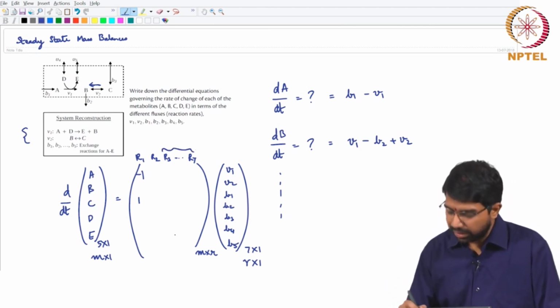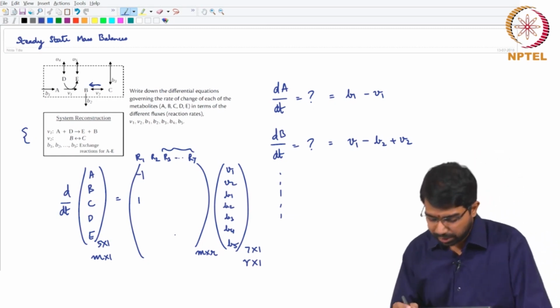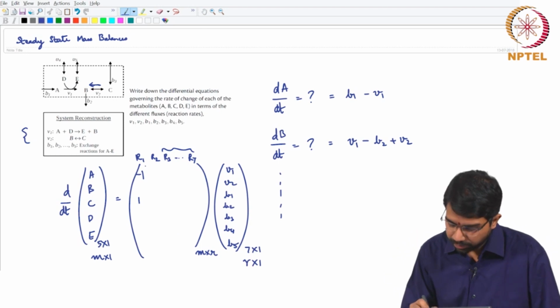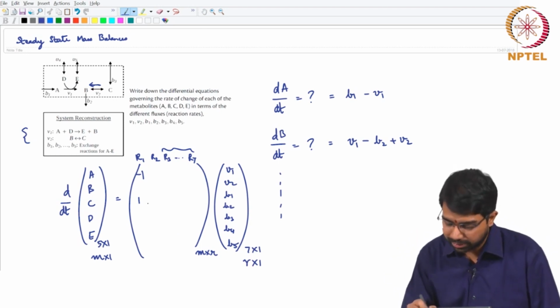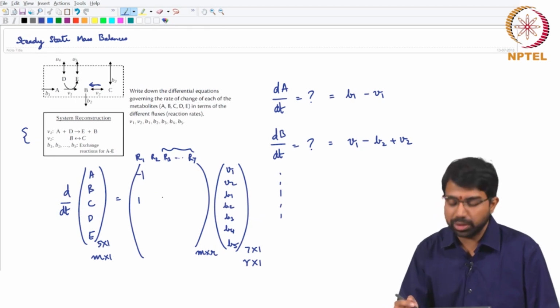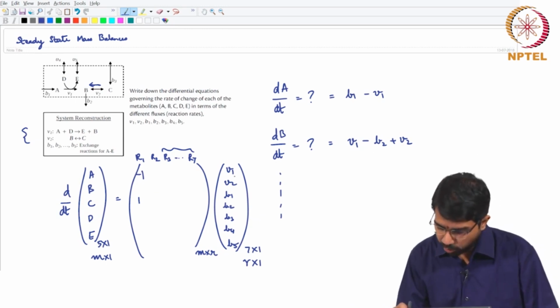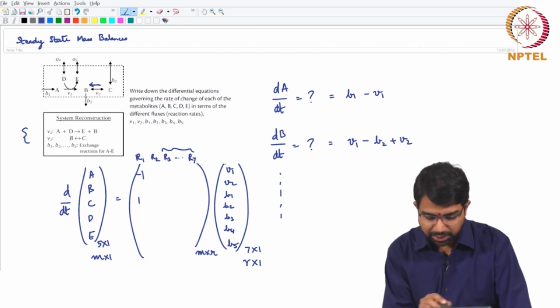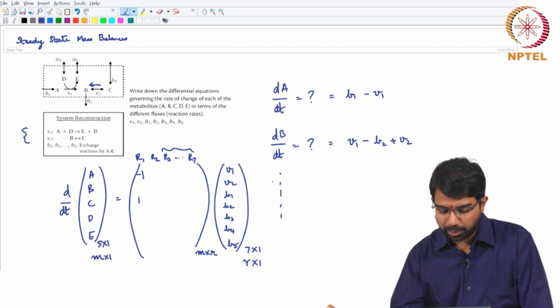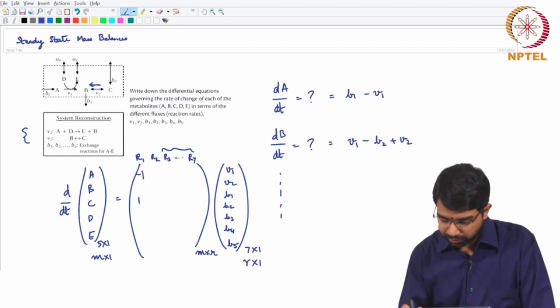So, this is a nice matrix, we will look at it in greater detail maybe in a few slides, but this is basically all you have to do. How you have to fill up this matrix is, you can write out the equations and carefully fill it up, but it is easier if whatever is on the left hand side, whatever is a reactant, you give it a negative coefficient, and whatever is on the product side you give it a positive coefficient.